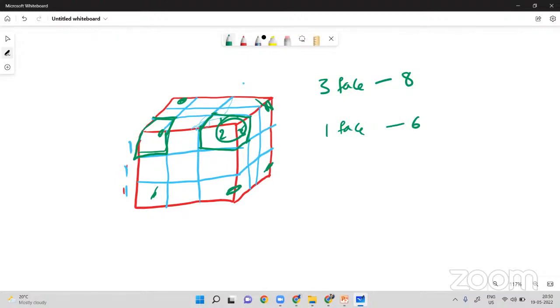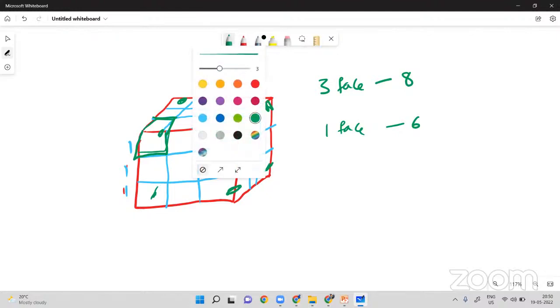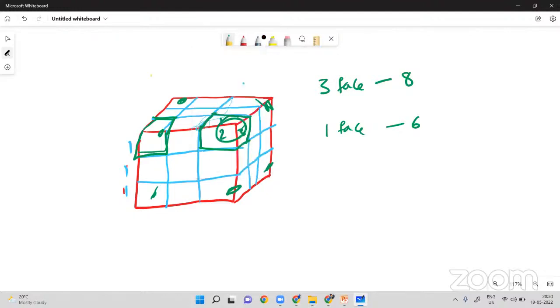Yes or no? Now how many cubes will have two sides colored? We need to understand that now. Okay, I'll go with yellow now.